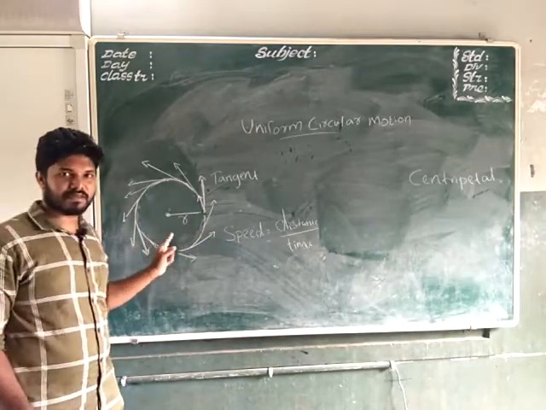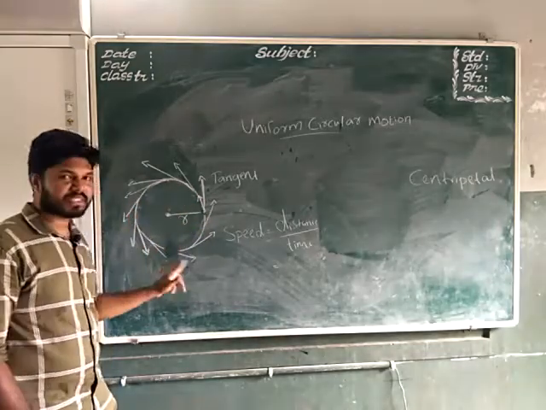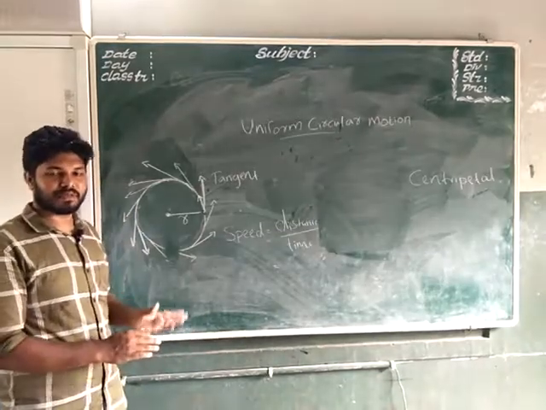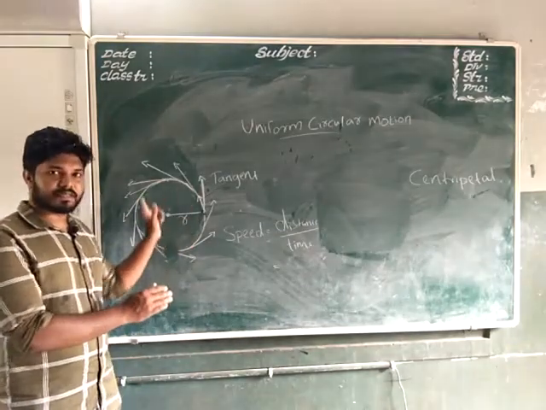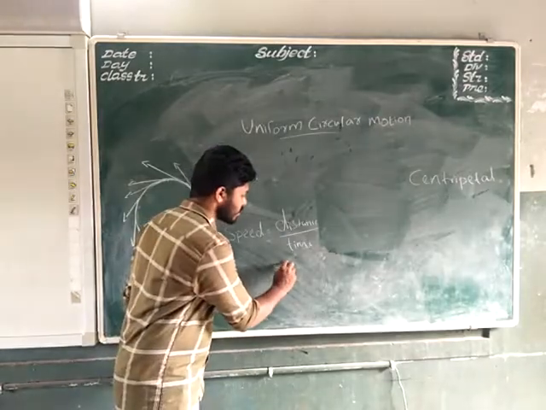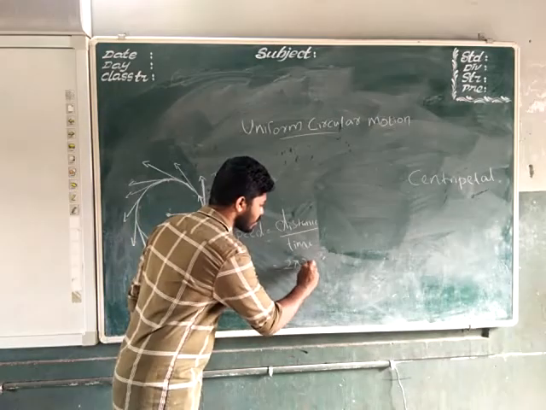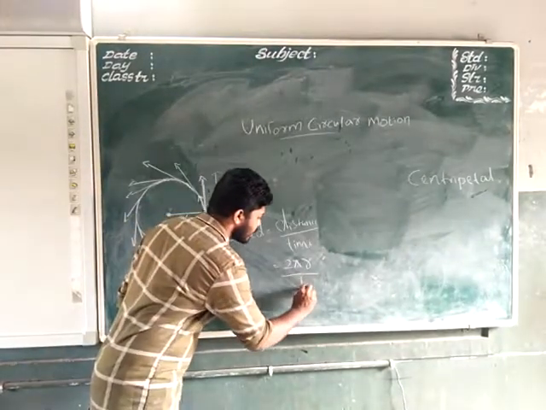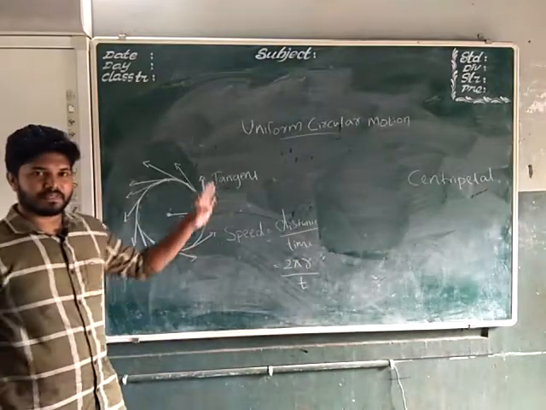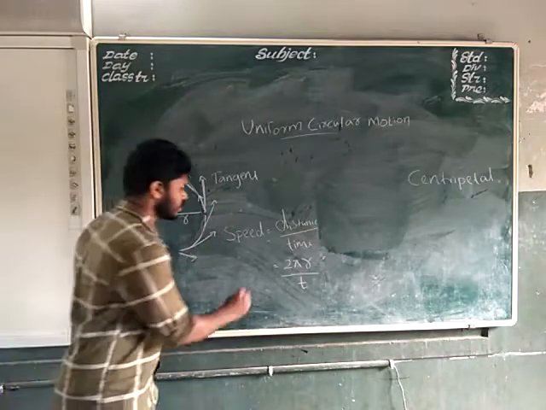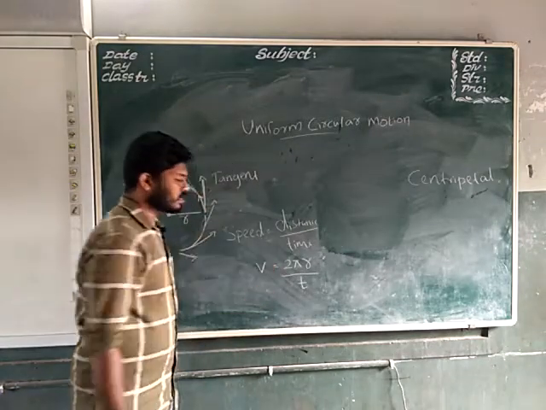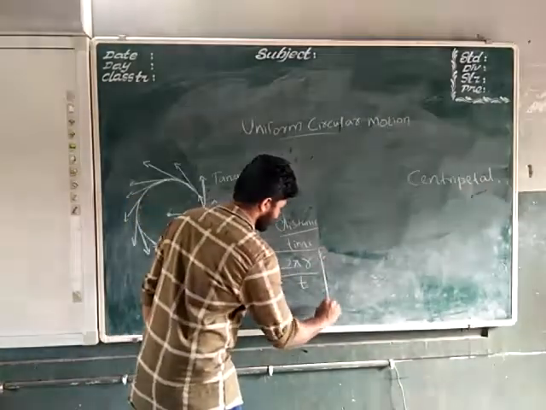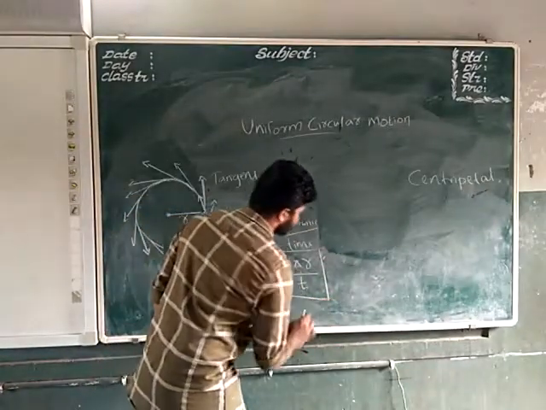As it is a circle, the distance traveled is the perimeter, or circumference, of the circle. The circumference of a circle is equal to 2 pi r, and time is denoted by the letter t. So in the case of uniform circular motion, the speed of the body, v, is equal to 2 pi r by t. This is the required equation.